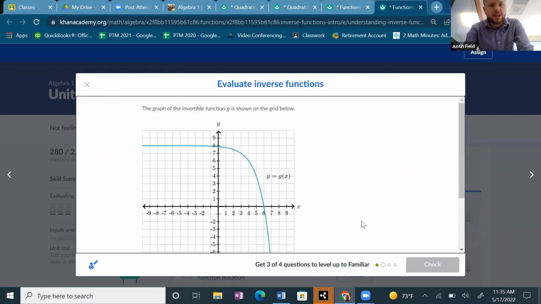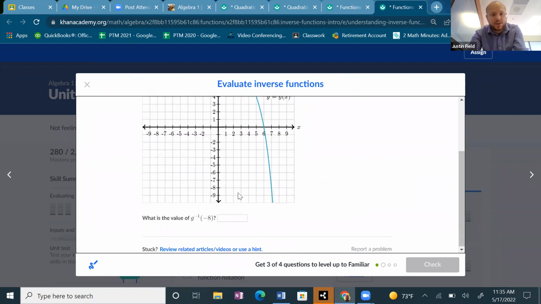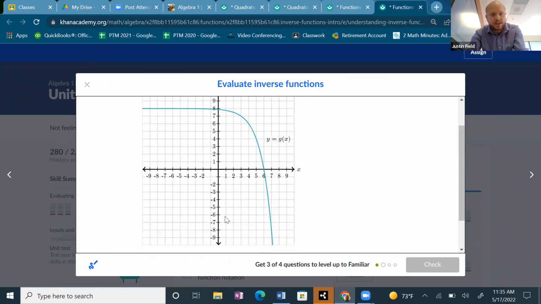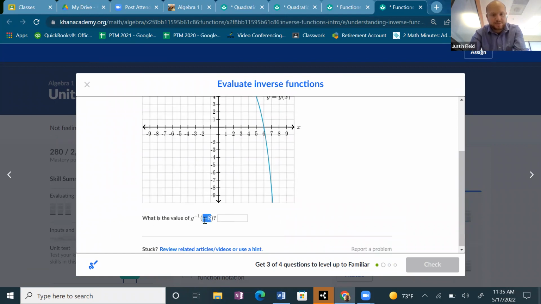Ooh, graphs. Okay, so I'm just going to switch the x and the y, right? Invertible function g. That means it has an inverse. Not all functions have an inverse. What is g inverse of -8? So what is g of -8? Well, actually, we don't want to know what g of -8 is. We want to know what g inverse of -8 is.